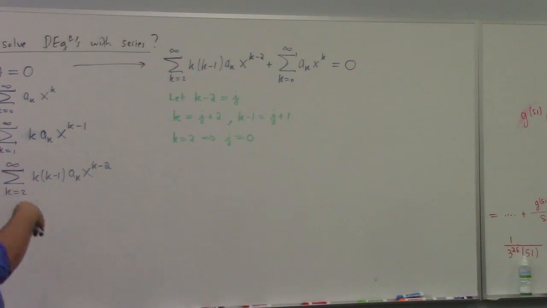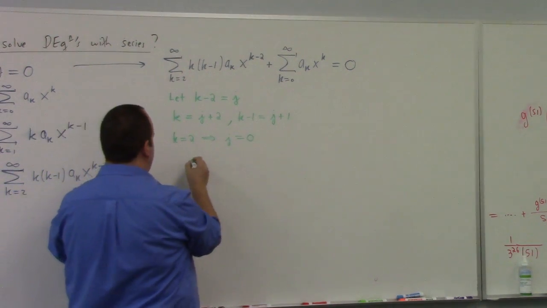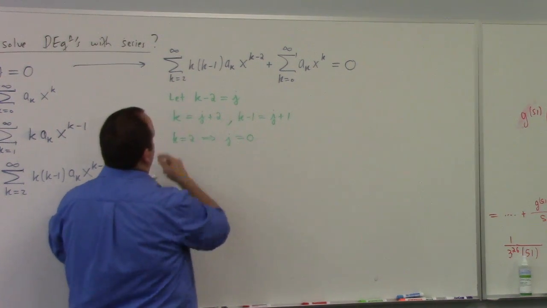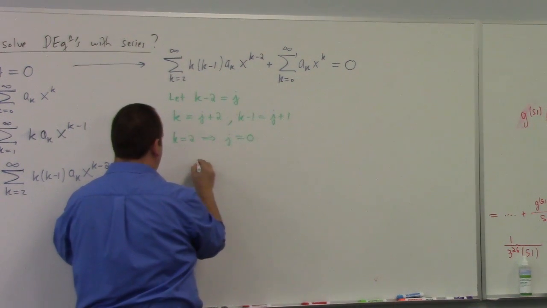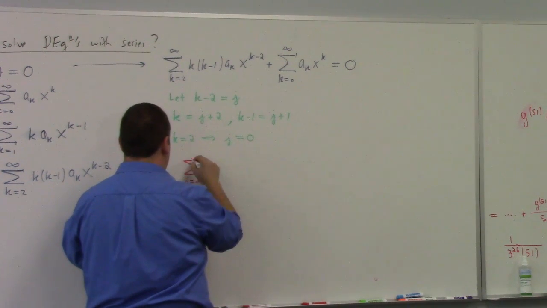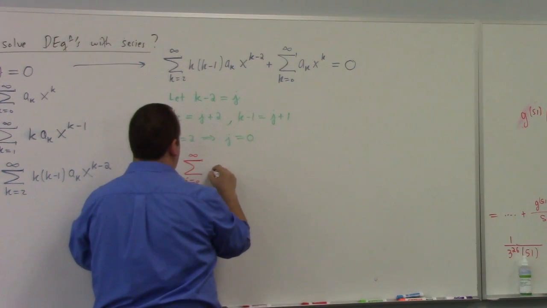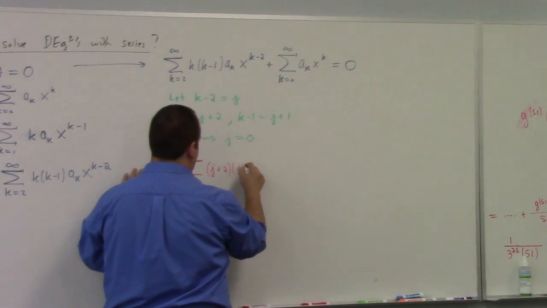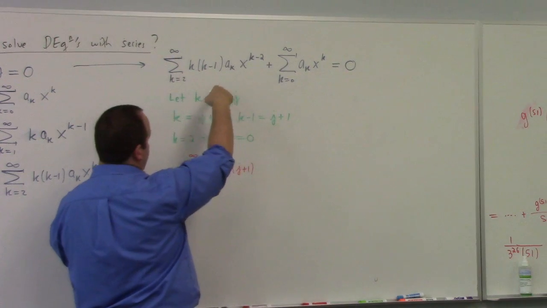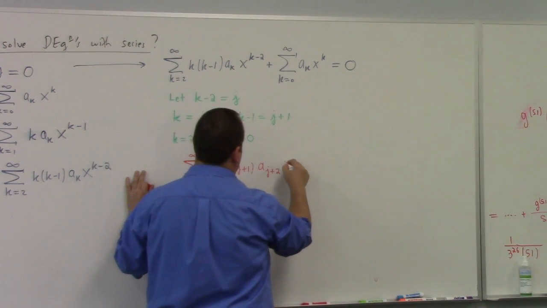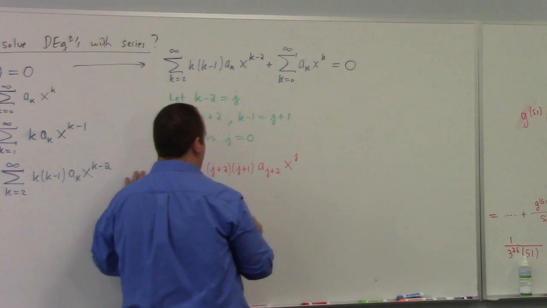So once we make this substitution, in terms of the j variable, this is the sum j equals 0 to infinity of what? (j plus 2) times (j plus 1), since k is j plus 2, times x to the j, right?